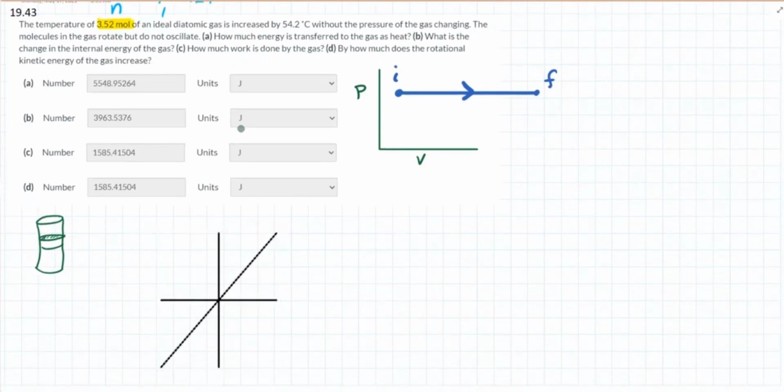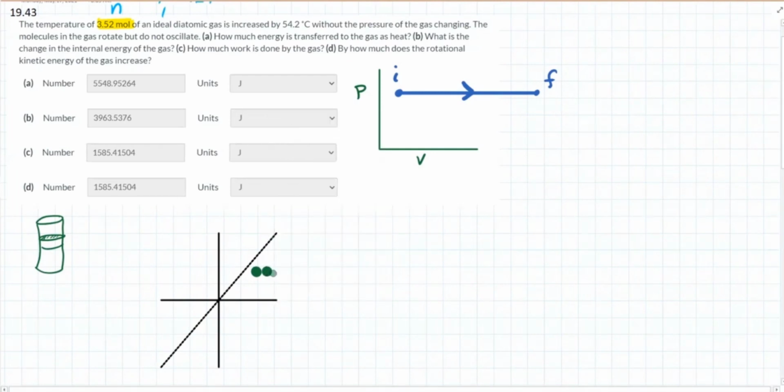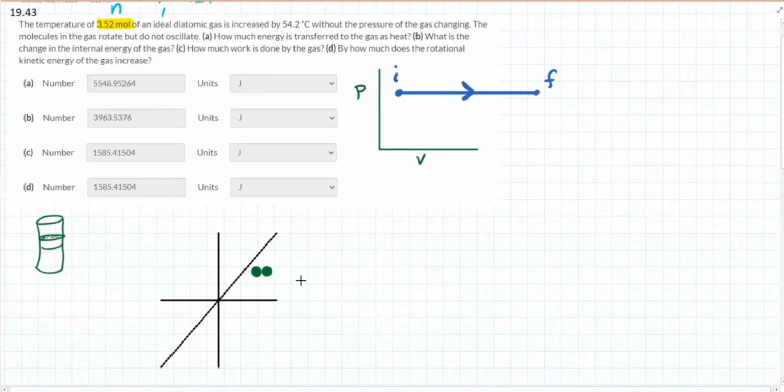If you have a diatomic gas molecule like this, this molecule can move back and forth along the x dimension like this, and that represents one translational kinetic energy degree of freedom.